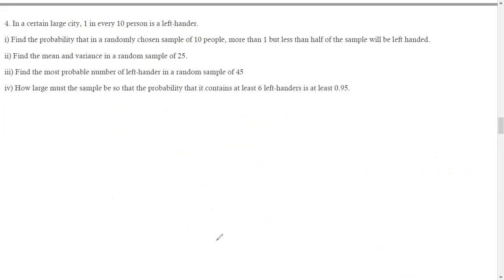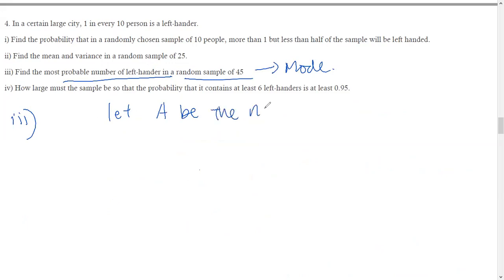In part 3, they ask us to find the most probable number of left-handers. What they want here is actually the mode. Same thing, the sample size has changed, so maybe let us redefine it. Let A be the number of left-handers in 25 people.